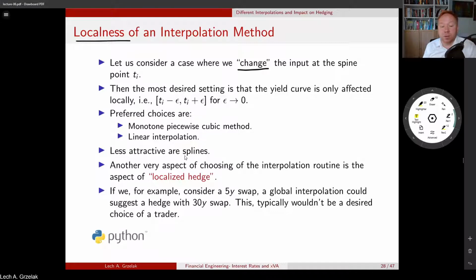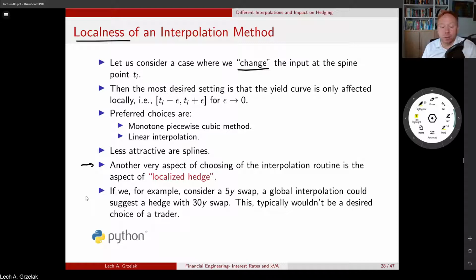Splines, of course, are less attractive because they are defined not only by neighboring points, but also by points further away. So it could involve multiple spine points other than your spine point of interest.